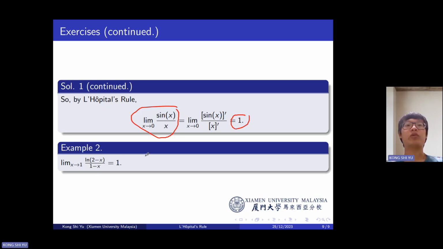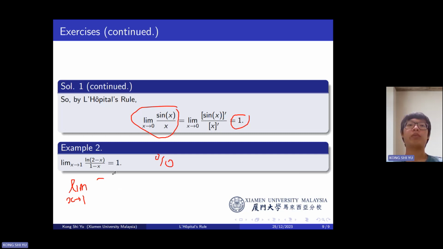Before doing that, similarly we try to substitute x equals 1 into the numerator and the denominator. Now we also get 0 over 0. So now applying L'Hopital's rule, we compute the derivative of the numerator and the denominator.